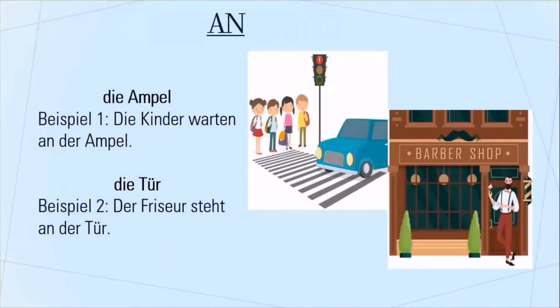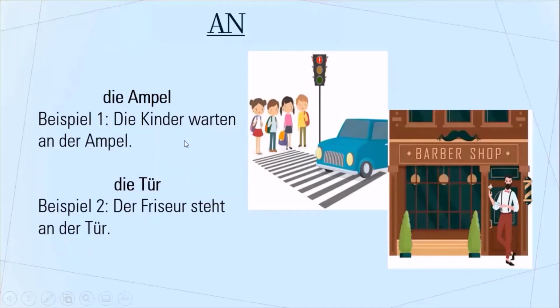the first preposition an I have been using in my previous tutorials, and I mentioned that it means at. Now in a city, there is what is called the Ampel, the traffic light. In German, the preposition an will show that they are at something, which is in this case the Ampel.